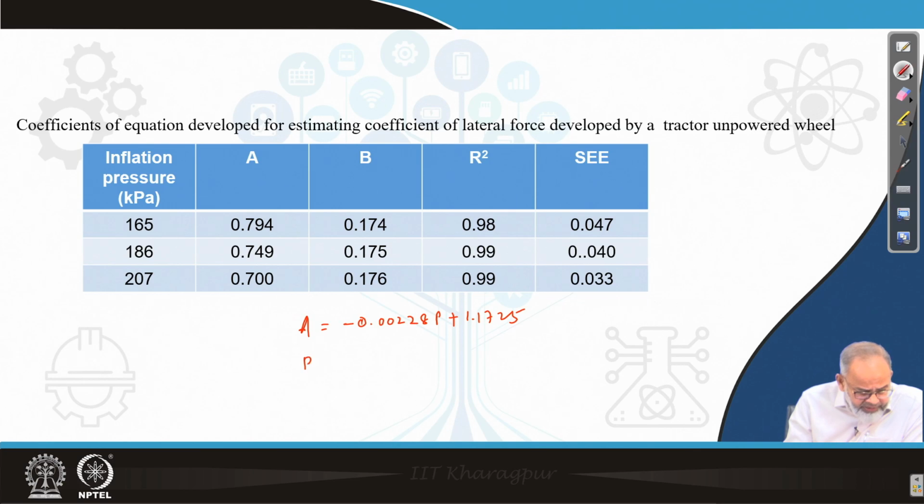Similarly, B can be related to inflation pressure by an equation of the form 10 to the minus 5 P plus 0.1668.